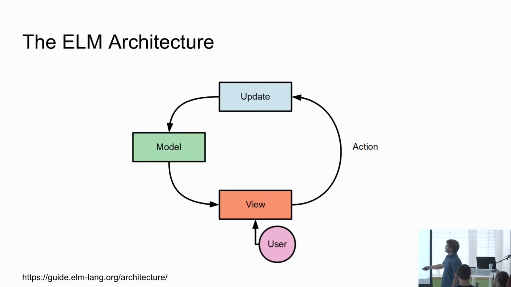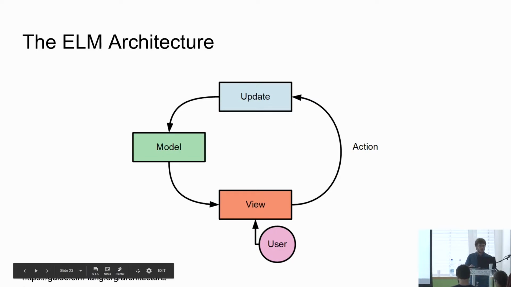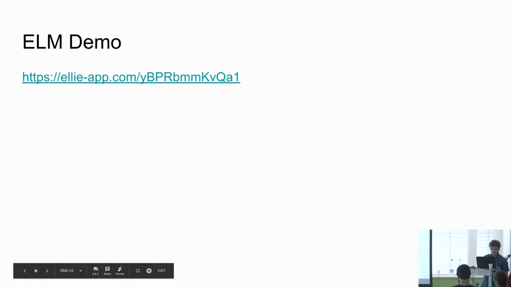And then we have this view which provides buttons and input possibilities for the user, which triggers an action. The action goes to the update function, which updates the model, and the view gets updated automatically. So this is like a unidirectional data flow.